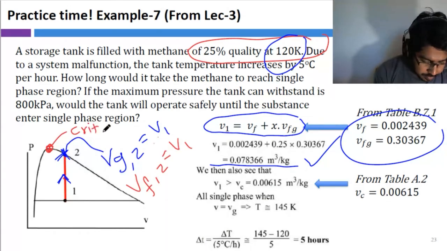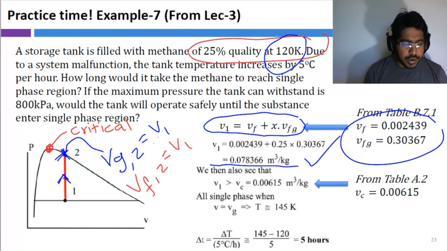If point 2 is to the right of the critical point, then what can we say about the line it is on?